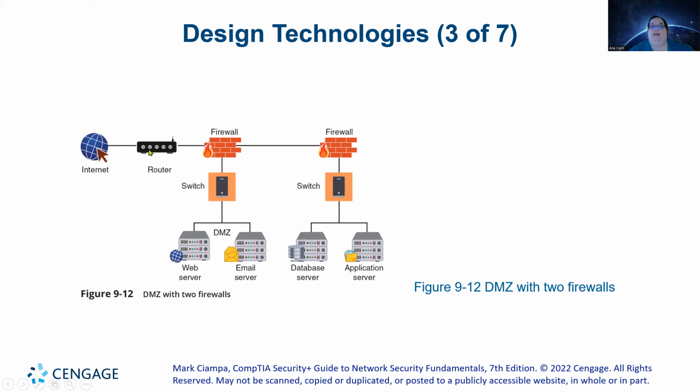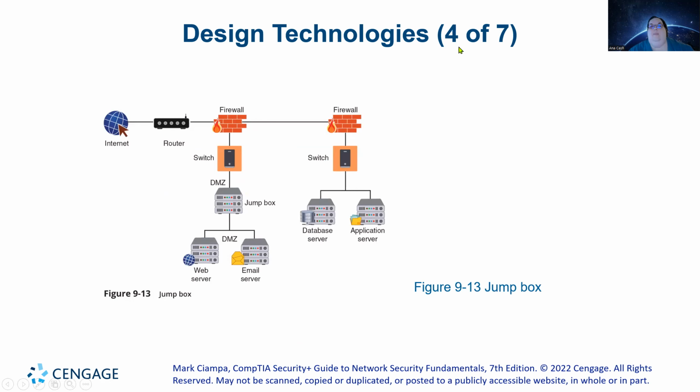So here's your example: you have your router, your firewall, you got your DMZ over here, and then you have your other one on the right. And then this is with your jump box. So you have your firewall, switch, your jump box, and then into your DMZ.